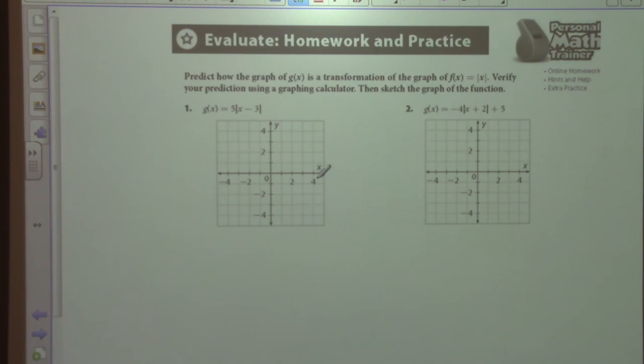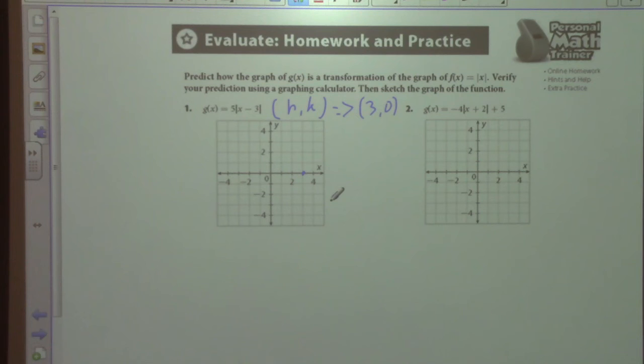Somebody said 3, 0, right? 3, comma 0. Yeah, because if we have h, comma k, here we don't have any plus or minus anything on the outside. So in this instance, it's going to be 3, comma 0. So we can go to the right 3 units here. And what does this 5 do?